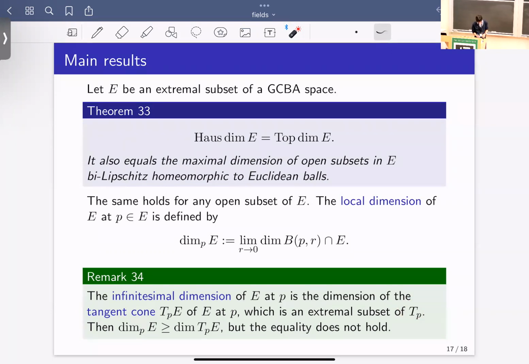Okay. And the local dimension is not less than the infinitesimal dimension, but the equality does not always hold. Okay? This is different from CBB extremal subsets. And this is again the gap between the local and infinitesimal structures of GCBA spaces.